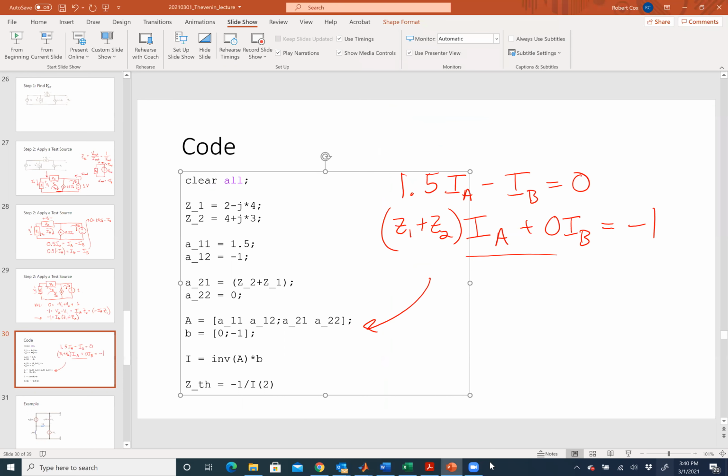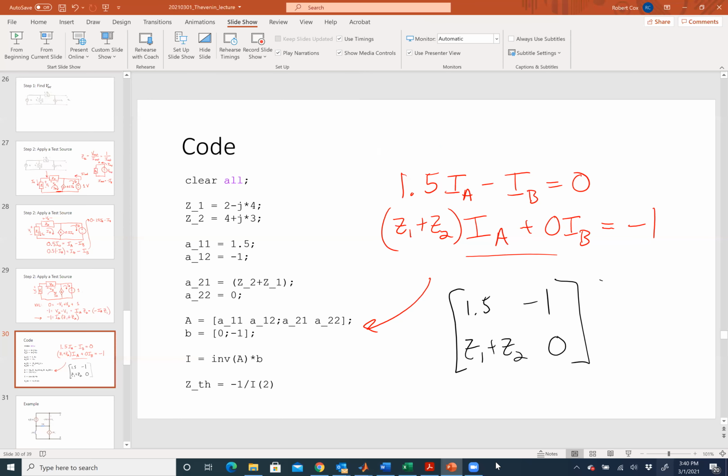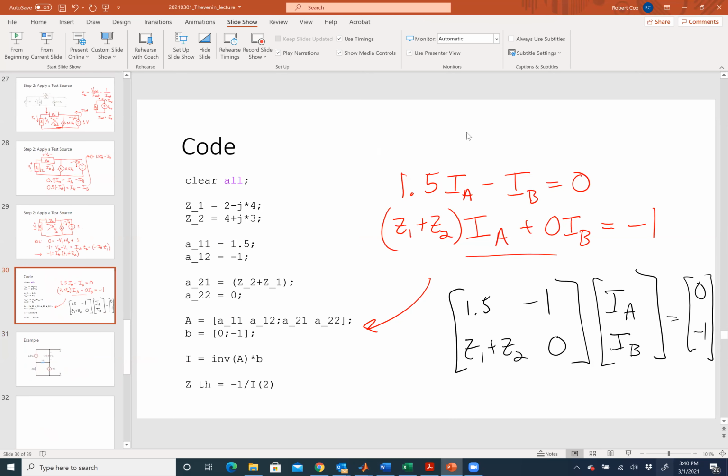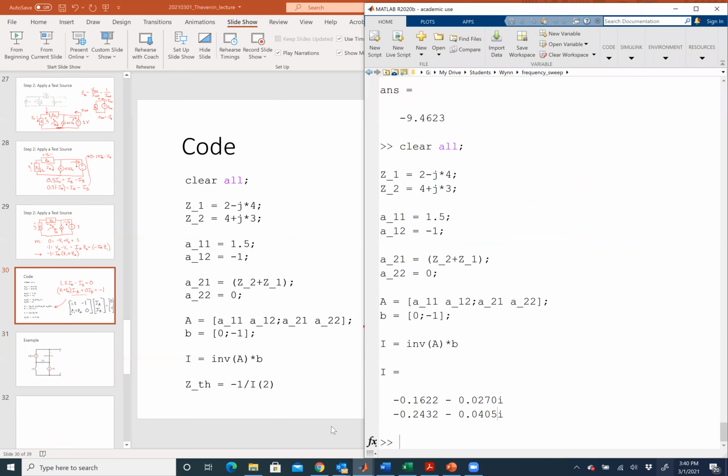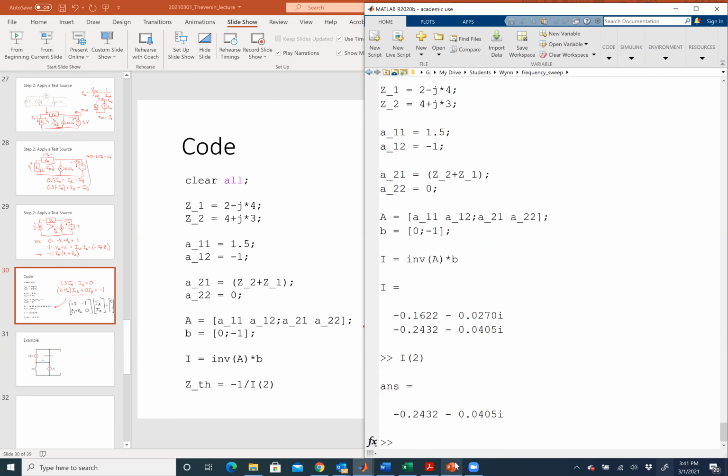If I put this in matrix form, it would be 1.5, minus 1, Z1 plus Z2, 0, times IA, IB, equals 0, minus 1, like that. So the second entry is IB. When I look at the output of my code, this guy has 2 entries. So I of 2, the second entry, is the current that I get there.